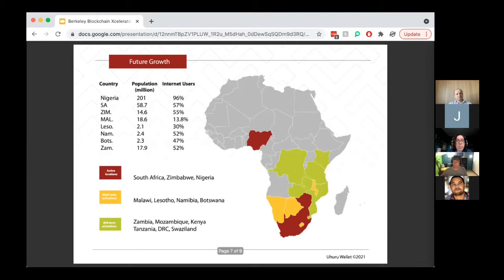It's generally Nigeria and South Africa. Most of the foreigners are centered around those two countries, but South Africa is leading in terms of the number of foreigners. And the internet usage and the number of people having access to mobile phones in Africa is increasing significantly. That's where we're looking to expand to multiple other countries.